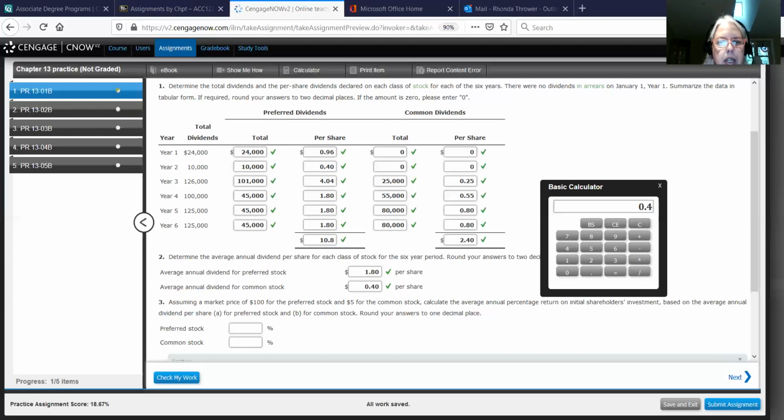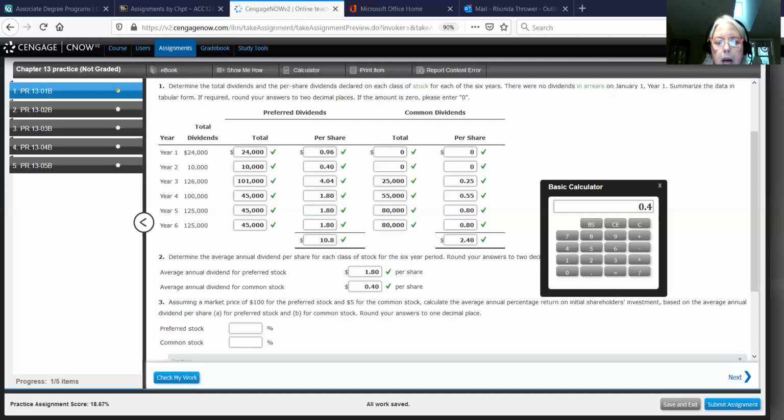So we took the average dividend per share for the preferred stockholders, which was $1.80, and divided it by $100, the market price.